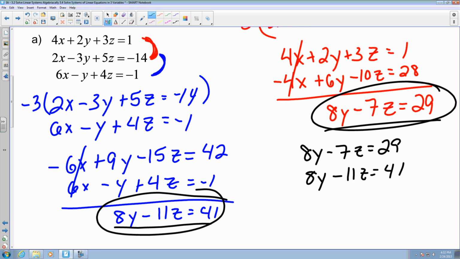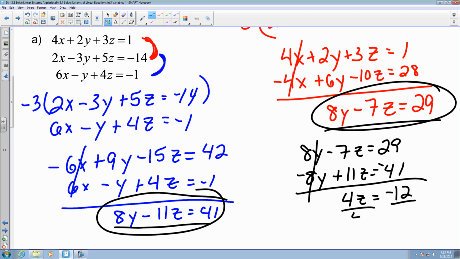I'm going to eliminate the y, and I'm going to change all of the signs on the bottom, which allows me to eliminate this 8y and negative 8y. Negative 7z plus 11z gives me 4z, and then 29 minus 41 gives me negative 12.